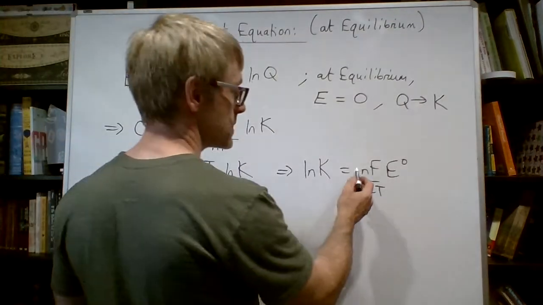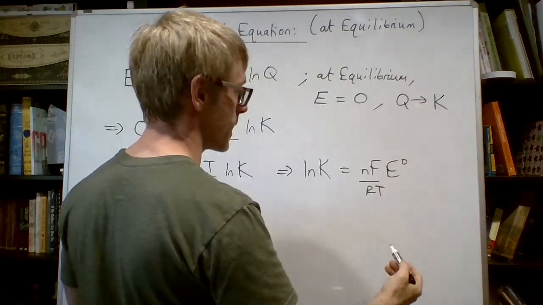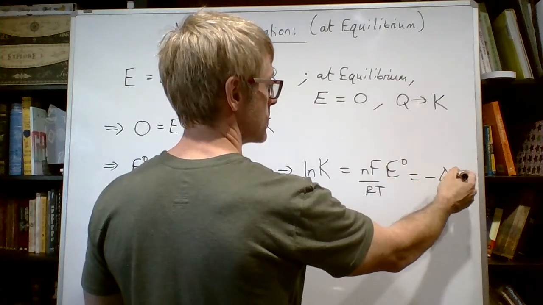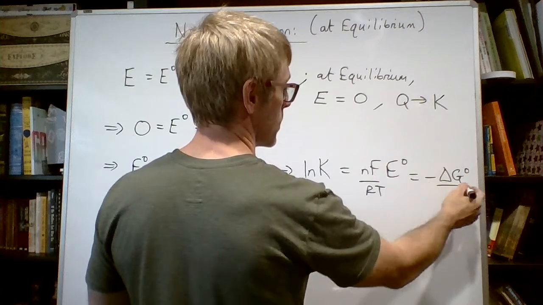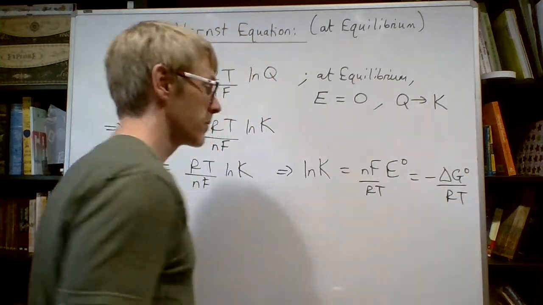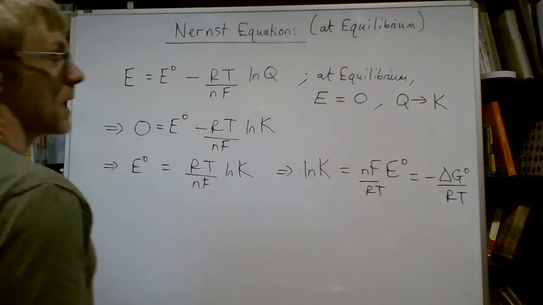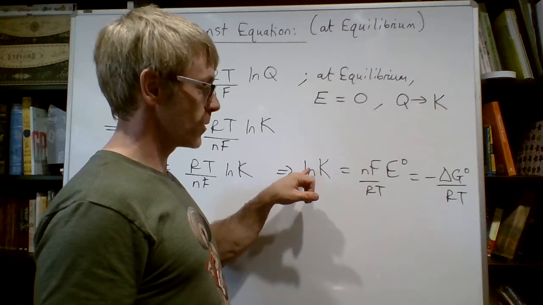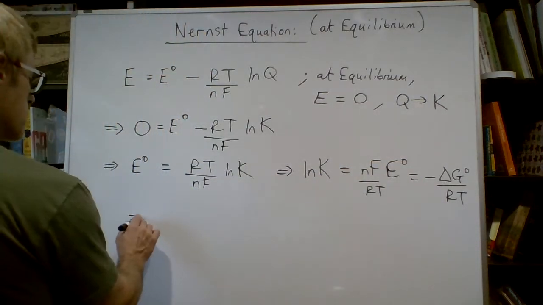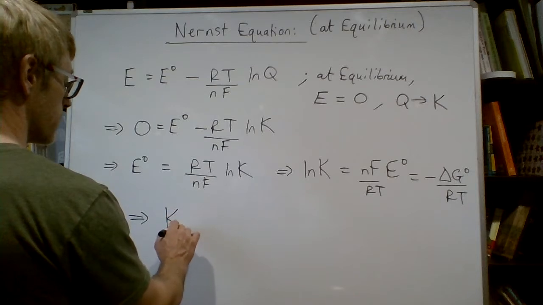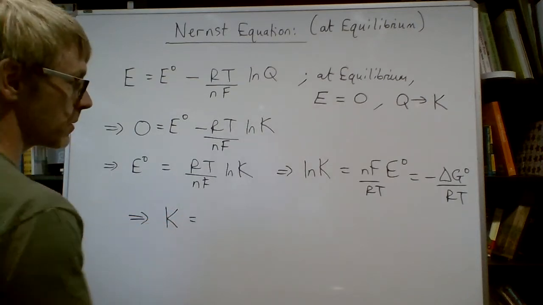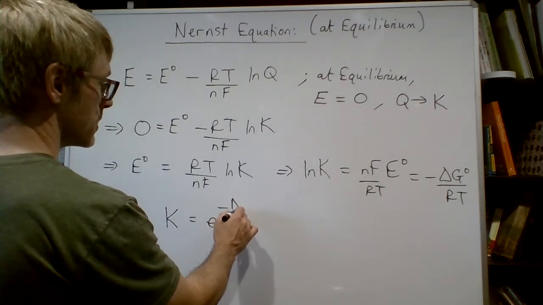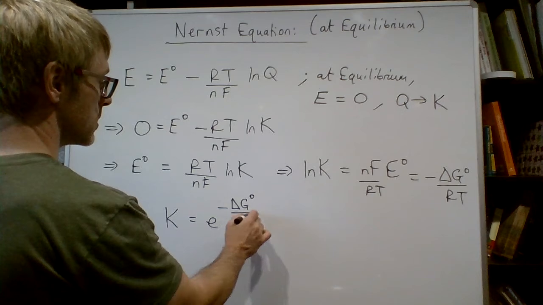Well, we can see that this term here is minus Gibbs free energy. So we can say that that is minus the standard Gibbs free energy change over RT. And if we wanted to isolate K, we would take exponents of both sides. So we could say that K, the equilibrium constant, is e to the minus standard change in Gibbs free energy over RT.